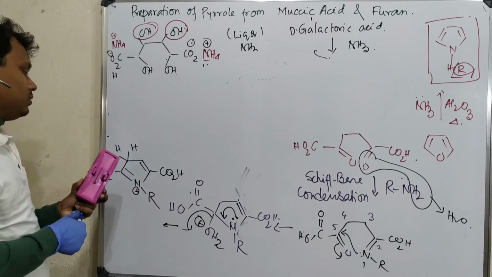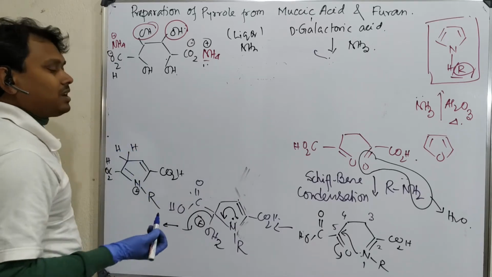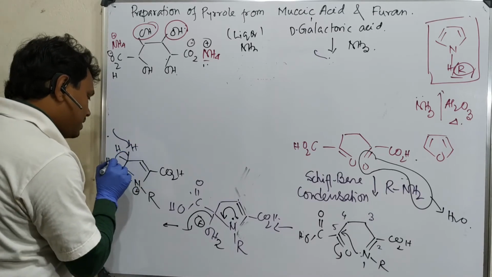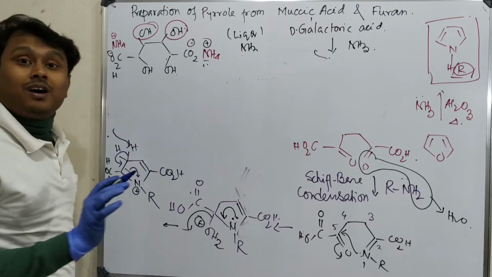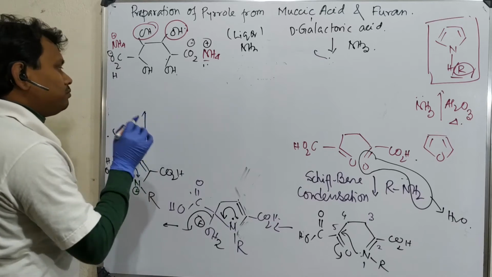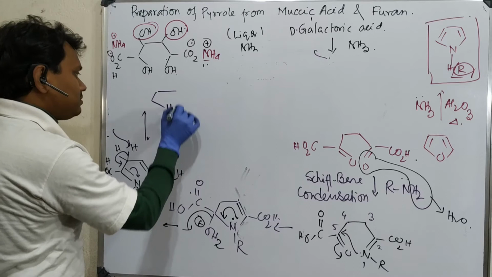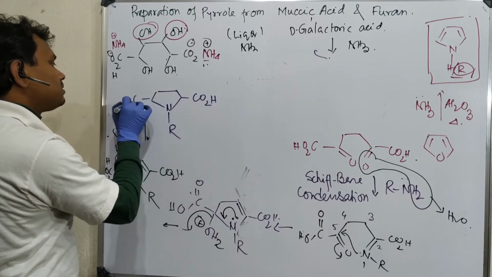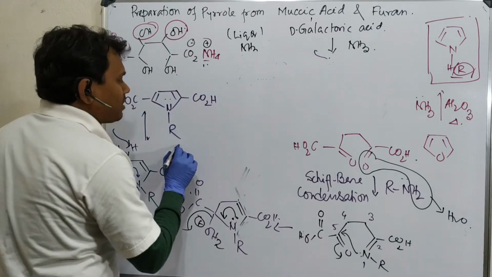This molecule is losing the stabilization due to conjugation, and there are lots of ammonia molecules in the medium, so it will be abstracted. But here there is no reversible sign. This is completely irreversible, because in the final product aromaticity is gained. This aromaticity is gained, and that is the driving force.